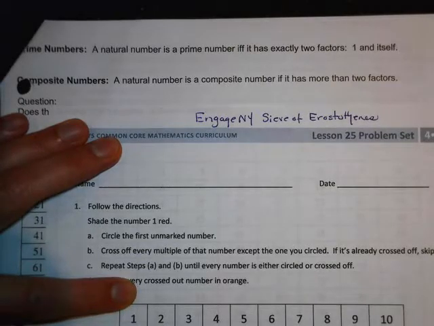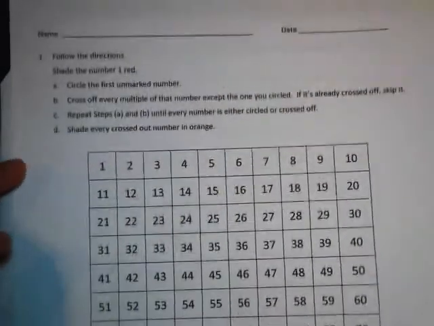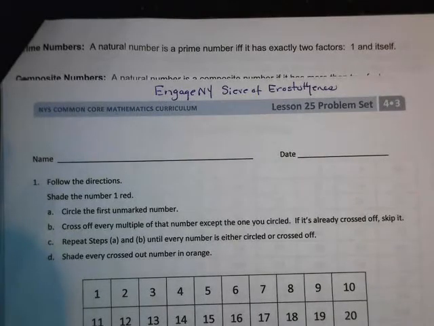It's a 4th grade lesson, and this chart is what's called the sieve of Aristophanes. It's a way for you to recognize prime numbers. I'm not sure I spelled Aristophanes correct, but it's got to be pretty close.